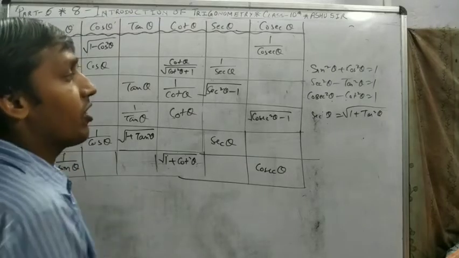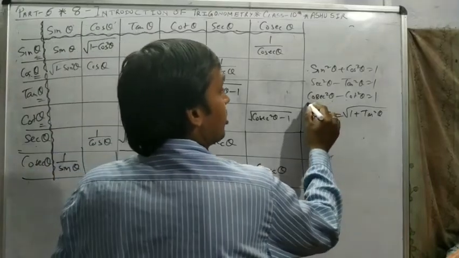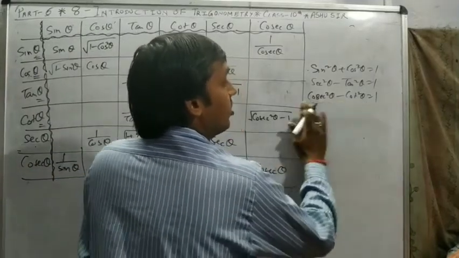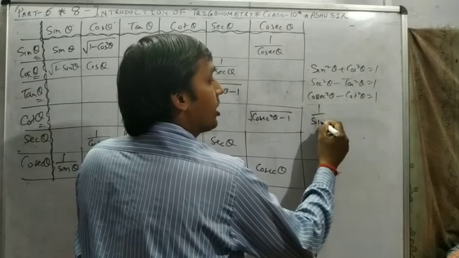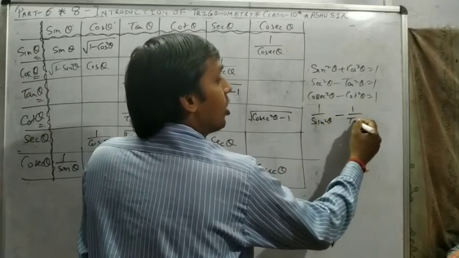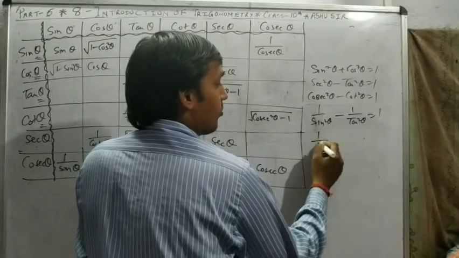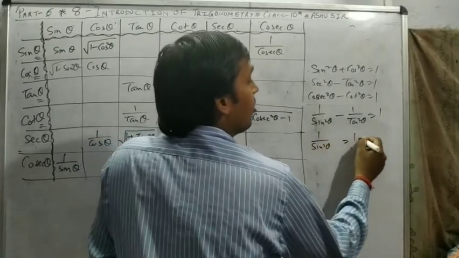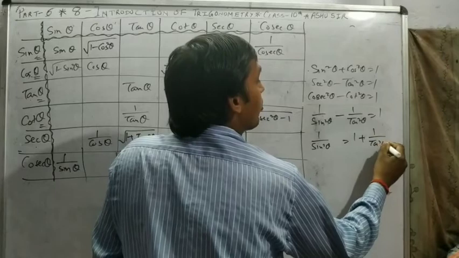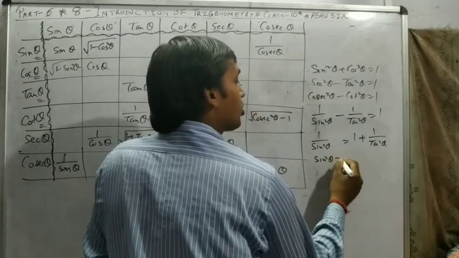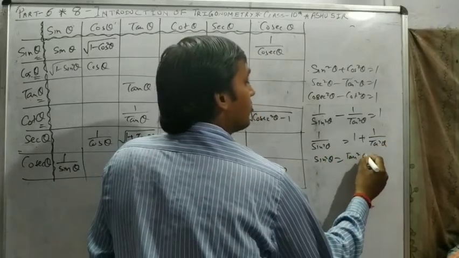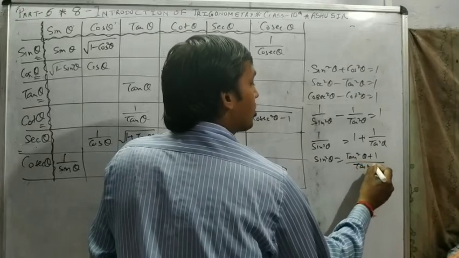So tan to sin, where? This is this. Why? Tan, sin: 1 upon sin square is 1 plus 1 upon tan square. We want the value of sin. So 1 upon sin square theta is 1 plus 1 upon tan square theta. Take the LCM: tan square plus 1 upon tan square.